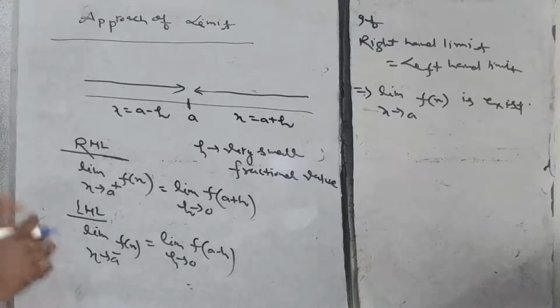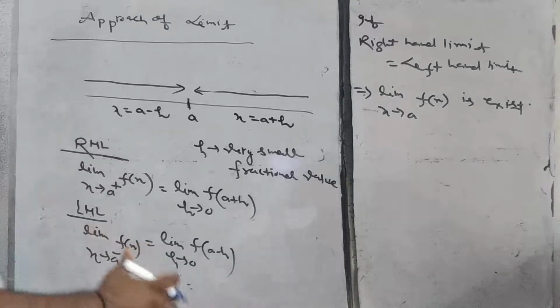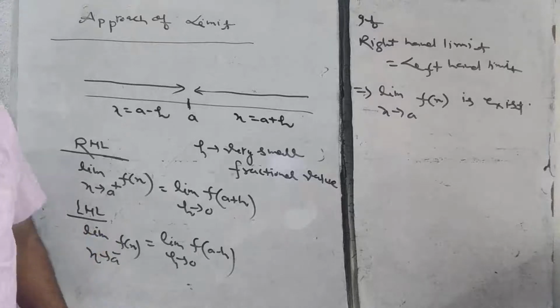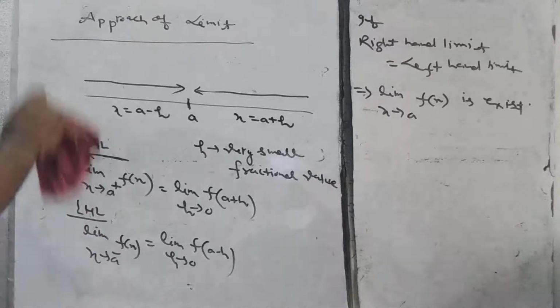So this is the approach of the limit in which we have to see the right hand limit, the left hand limit, and whether the value of both limits is equal or not. If it is equal, then we say that the limit of that function exists.